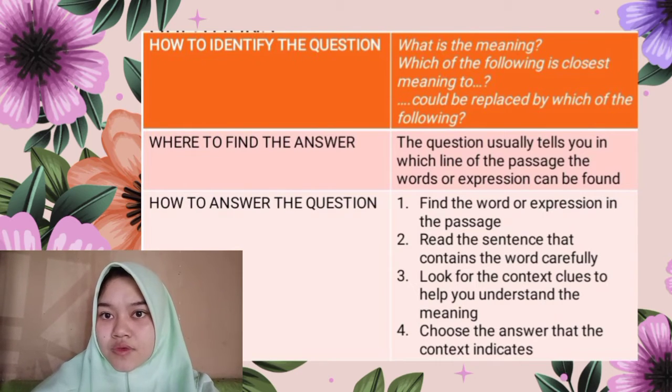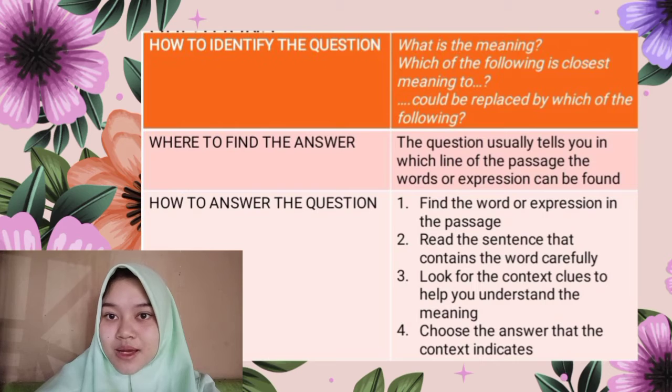Which of the following is closest in meaning to blah blah blah? Blah blah blah could be replaced by which of the following? What you need to underline is any word about the meaning, close meaning, or could be replaced by which of the following. You should make your own conclusion.